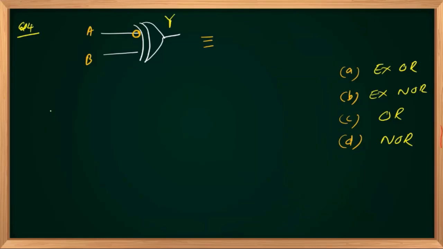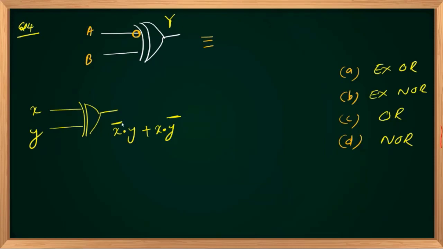It's all about the basic operation of the XOR gate. If these are X and Y, the XOR gate will produce output equal to X Y bar plus X bar Y, right?